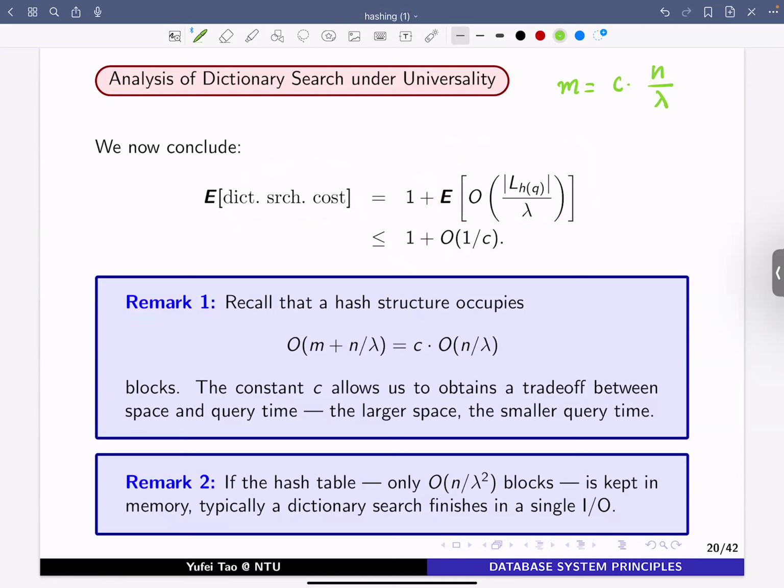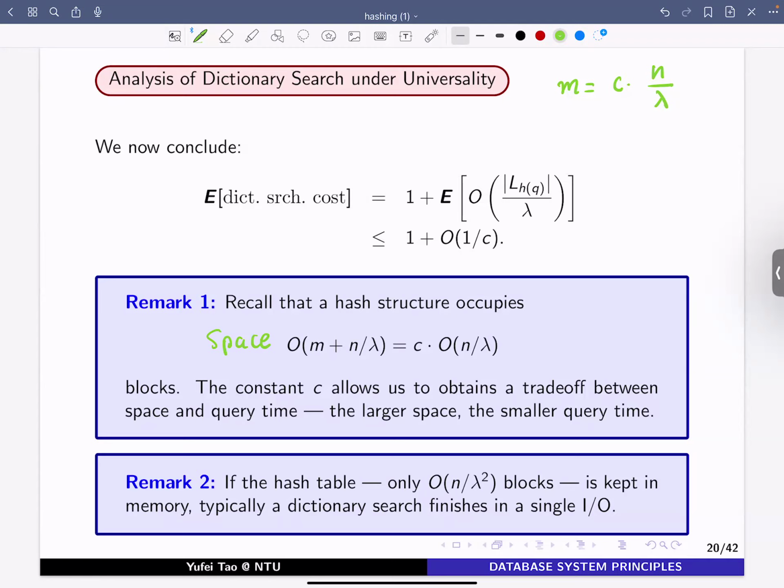So now we are able to explain a trade-off between the space and the dictionary search cost. Okay, the dictionary search cost is essentially the query cost. So I would say a trade-off between the space and the query cost. So now remember, this is the space. The space is this m plus n over delta.